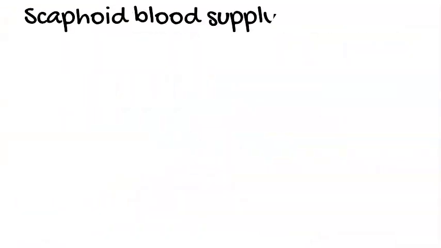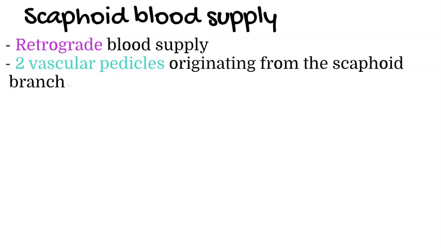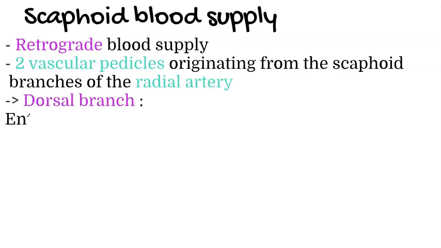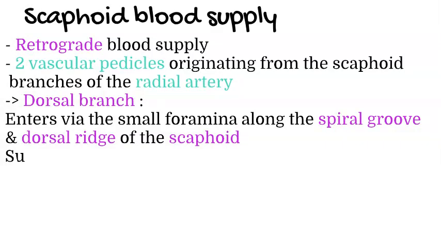Next, regarding the scaphoid blood supply. It is a retrograde blood supply. Two vascular pedicles originating from the scaphoid branches of the radial artery. The dorsal branch enters via the small foramina along the spiral groove and dorsal ridge of the scaphoid.